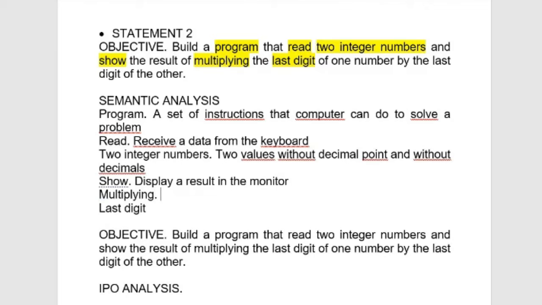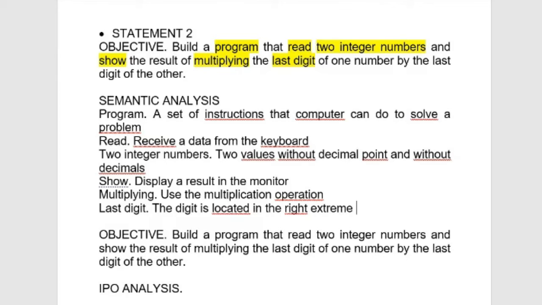What is multiply? It is use the multiplication operation, right? And what is last digit? Last digit is the digit located at the right extreme of a number.